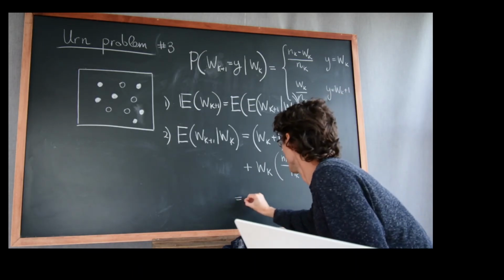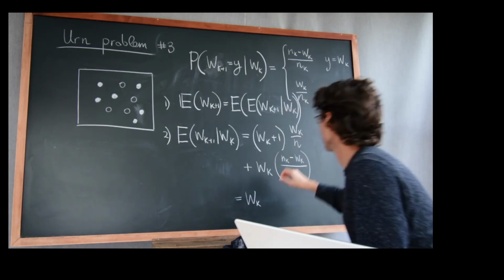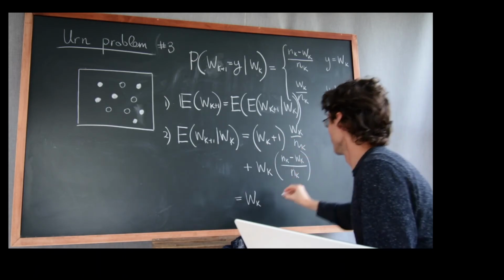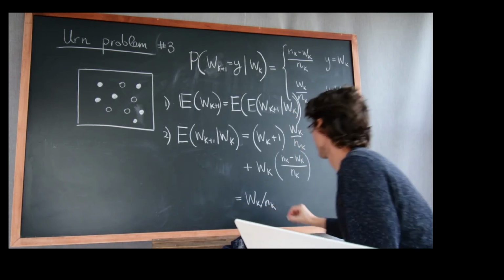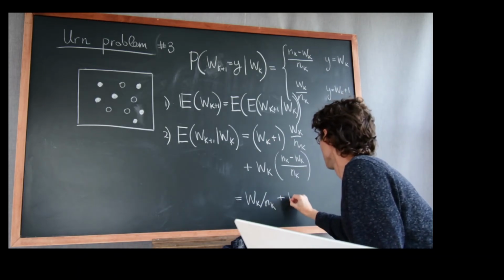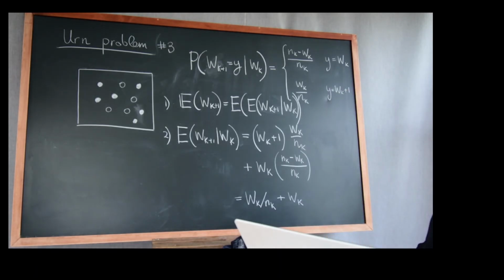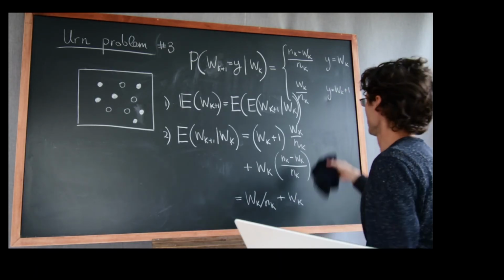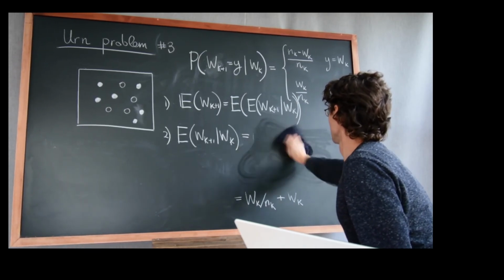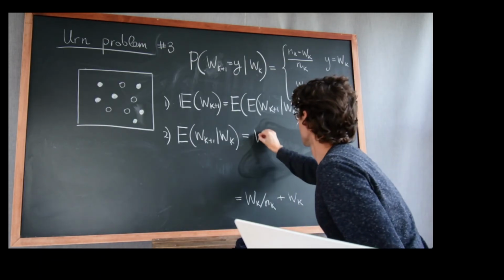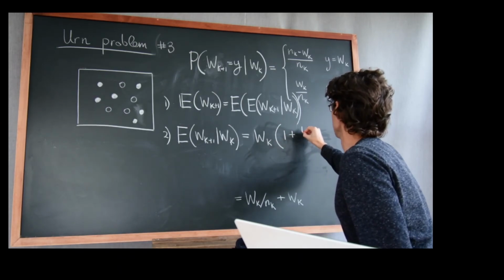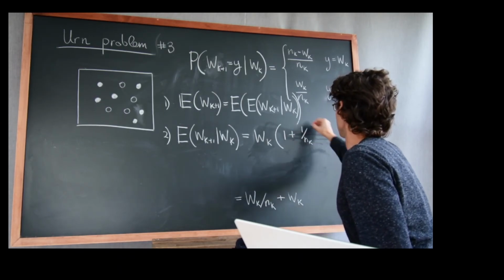So I think you'll have WK, that's this one, over, I missed an NK here, over NK. That's going to be this term. That cancels with this, and what's left is plus WK. And so now I go back up here and erase this part. And what I have is WK times 1 plus 1 over NK.